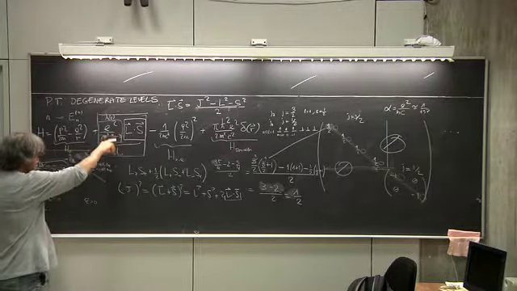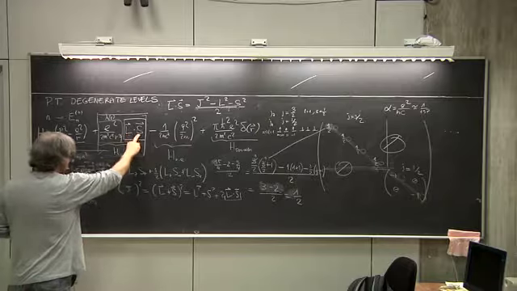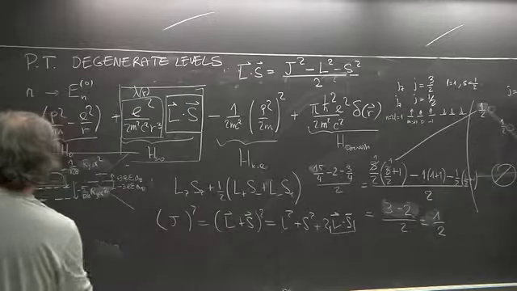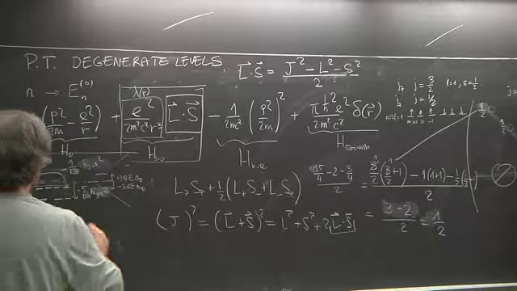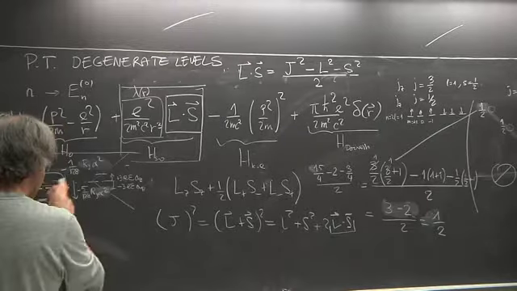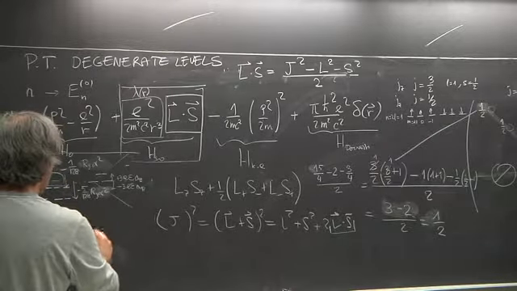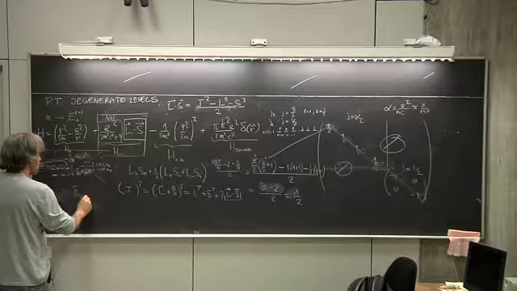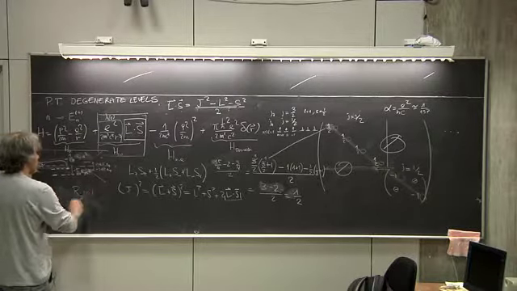Now, the radial functions that appear here are what? These are p states, so they are R 2,1 of r.